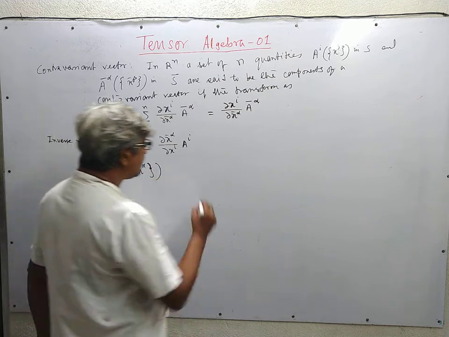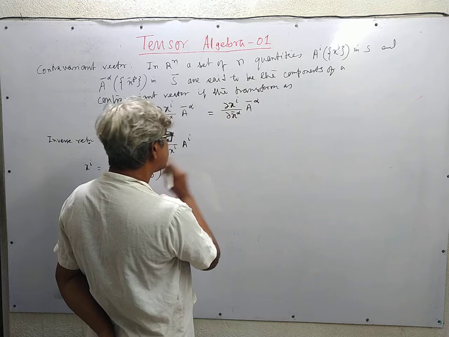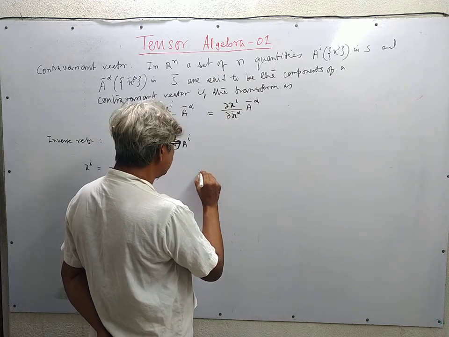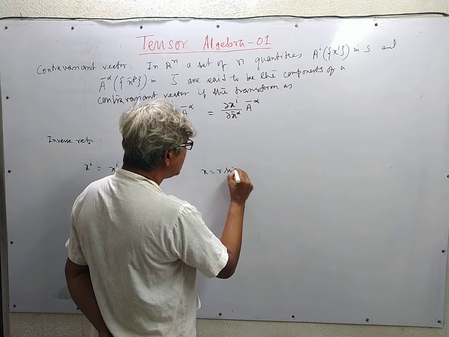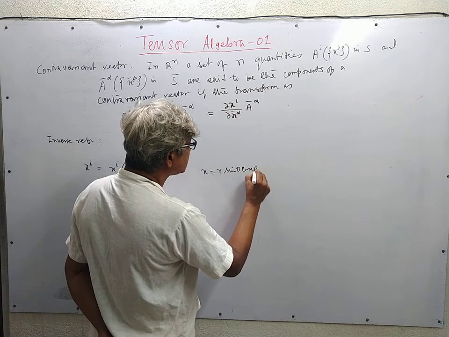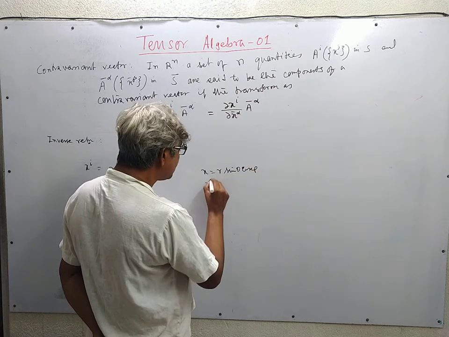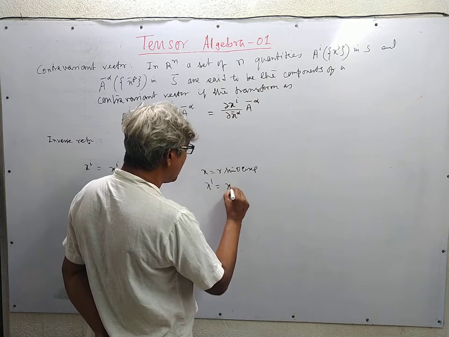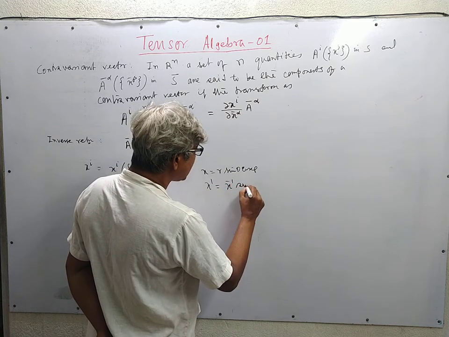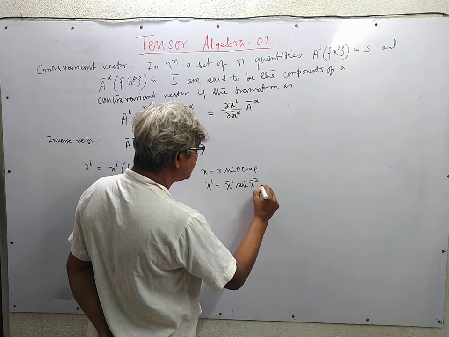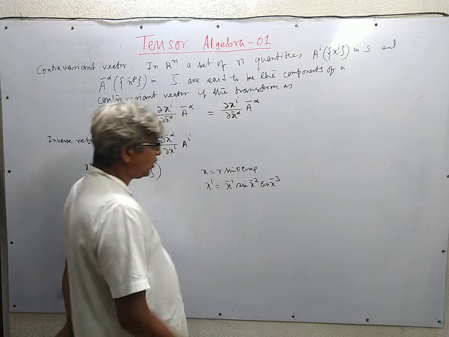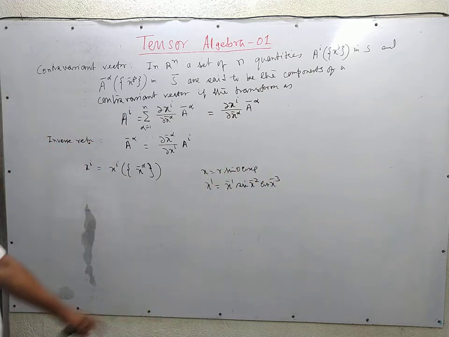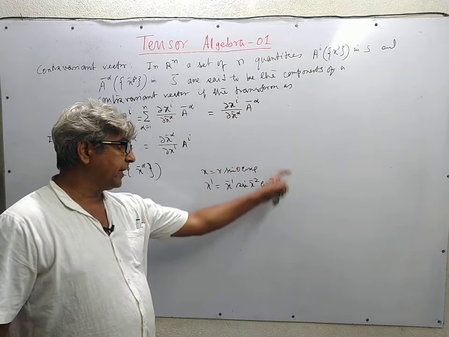As an example, consider x as the Cartesian system. So x is equal to r sine theta cos phi. So x1 is a function of x bar 1, sine of x bar 2, cos of x bar 3. So x1 is in general a function of the set of x bars.